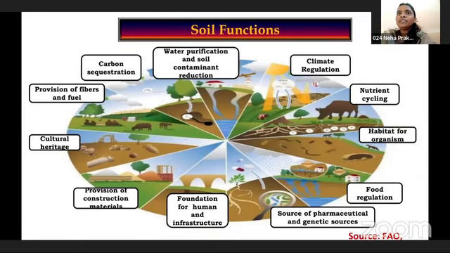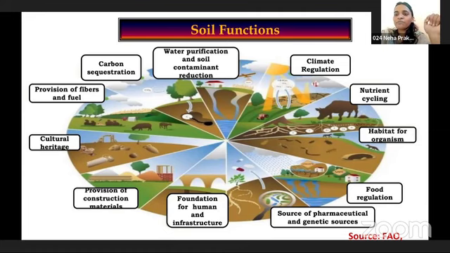Now, what are the different functions of soil? As we know, we are all aware of soil. Soil plays an important role in climatic regulation. It helps nutrient cycling. It is a habitat for organisms, a home for microorganisms to survive.